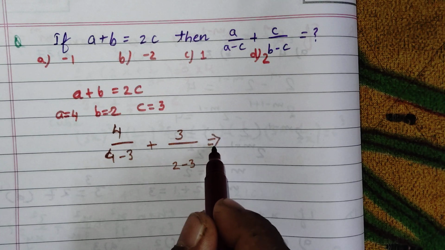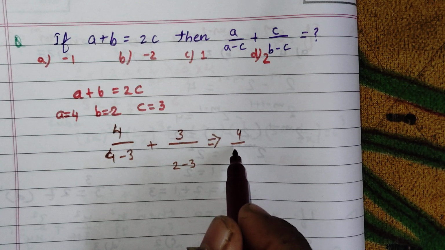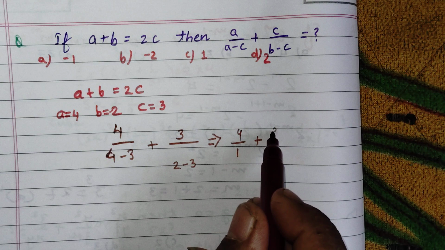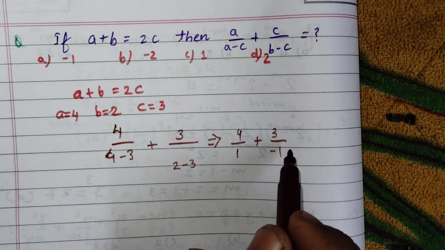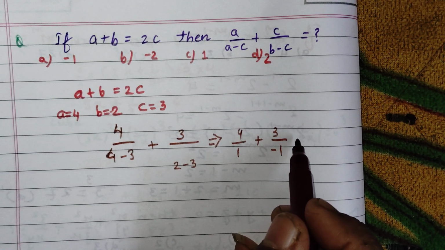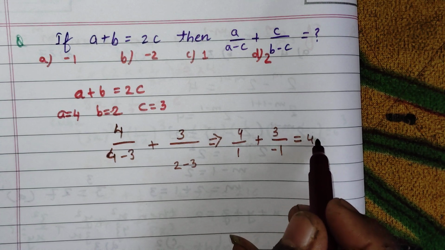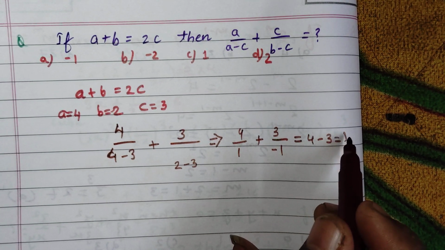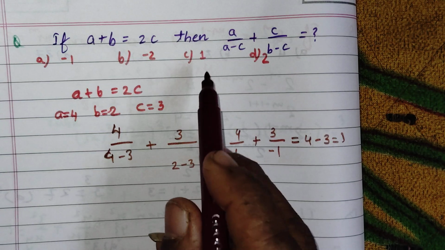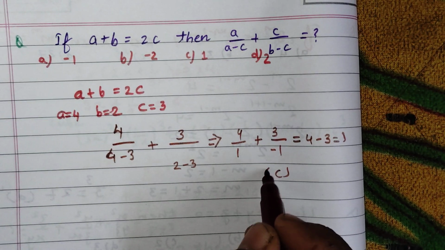Solve it: 4 upon 4 minus 3 is 1, plus 3 upon 2 minus 3 is minus 1. So 3 upon minus 1 is nothing but minus 3. So 4 minus 3 we get as answer 1. Which option? Option C. C option is the correct answer.